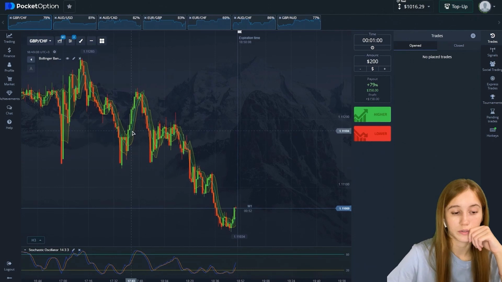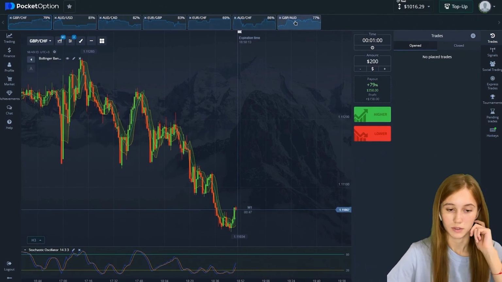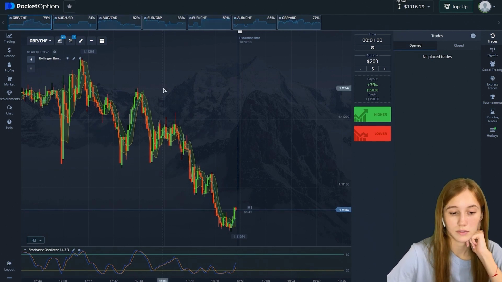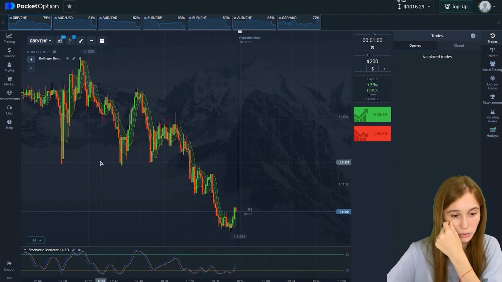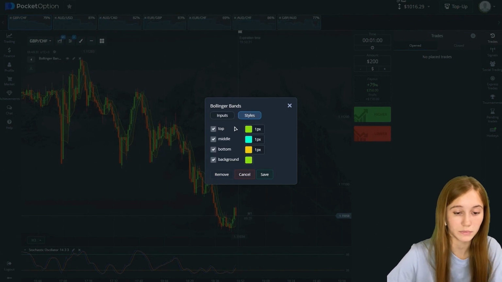This is the time with which the candle is shown on the chart and changed. You can see it in the upper corner. And we also use technical analysis and 2 indicators, Bollinger Bands.